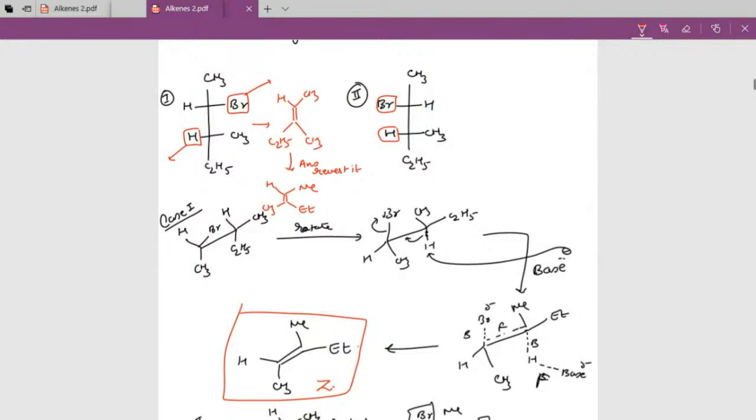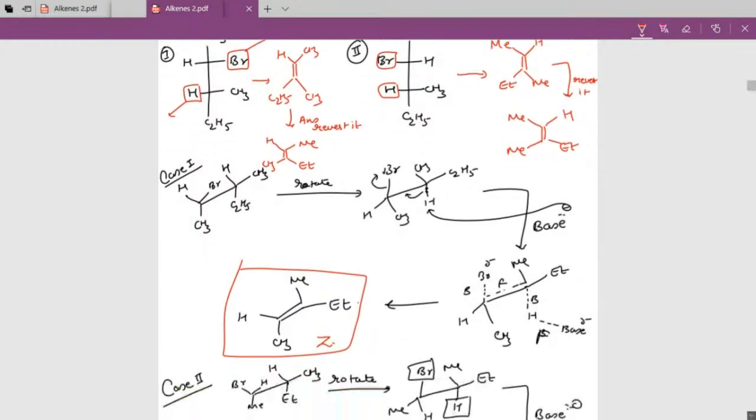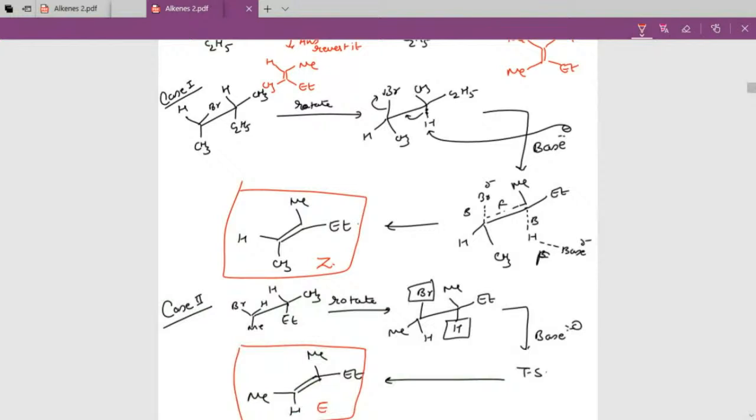Okay. Similarly here, no need for across or same side. That has the same effect. Me, H, double bond, Et, Me. This is what you got when first you have just removed and drawn. Now for the answer, I have to revert it. So I will write it as Me, Me, Et, and H. And see, by the complete technical method also, you got the same products.